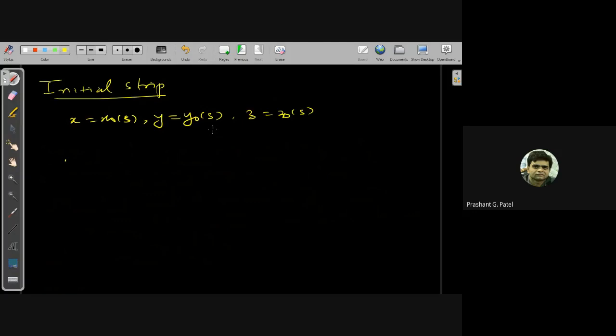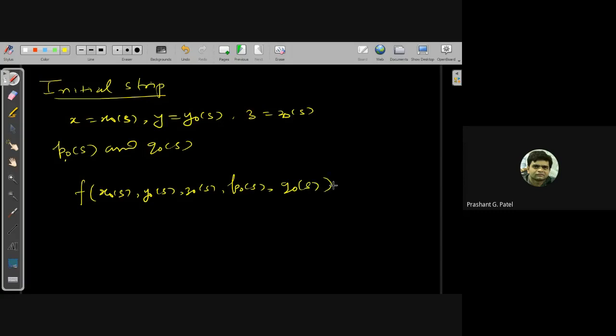Suppose along that curve, we specify the functions p0(s) and q0(s) such that together with the initial curve, that is this curve, the initial curve x0(s), y0(s), z0(s), it satisfies this equation, that is f of x0(s), y0(s), z0(s), p0(s), q0(s) is equal to 0.